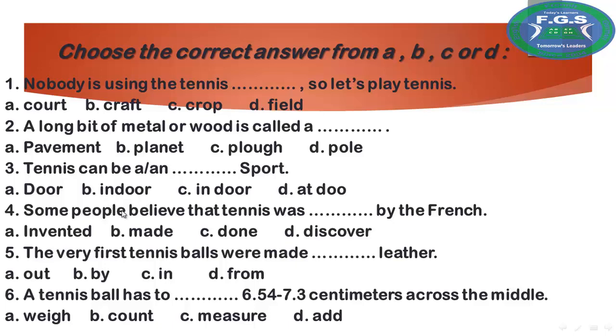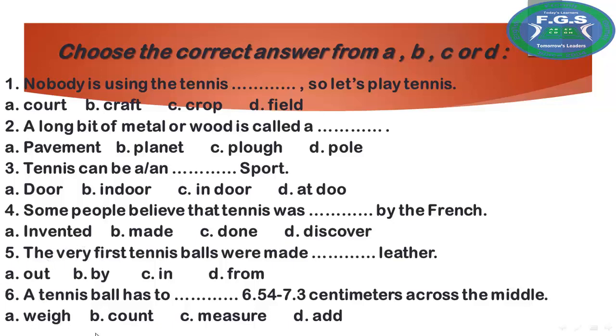Number 4, some people believe that tennis was space by the French. Some people believe that tennis was invented, made, done, discovered. Yes, invented. Great. Invented means to find something out from nothing. This thing wasn't existing before, so you created it.